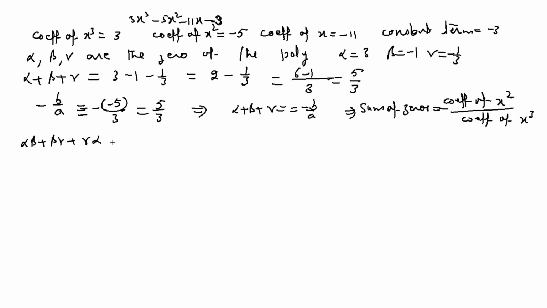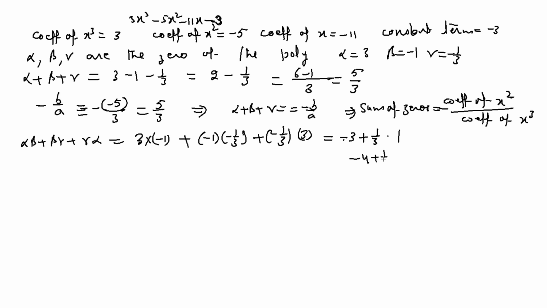Write alpha beta plus beta gamma plus gamma alpha, which is equal to 3 into minus 1 plus minus 1 into minus 1 by 3 plus minus 1 by 3 into 3. You will have minus 3 plus 1 by 3 minus 1, which is equal to minus 4 plus 1 by 3.